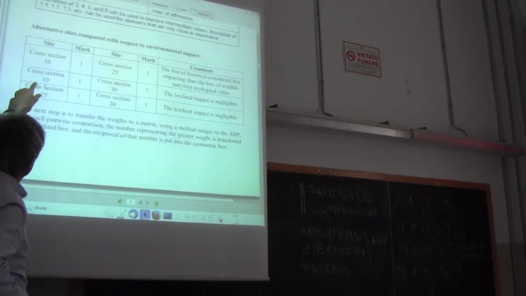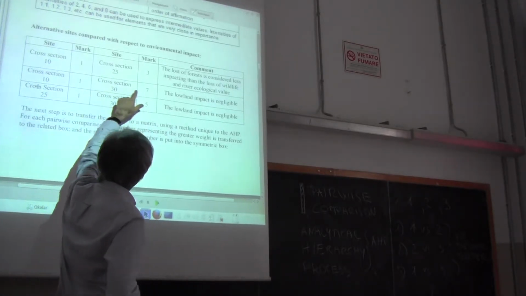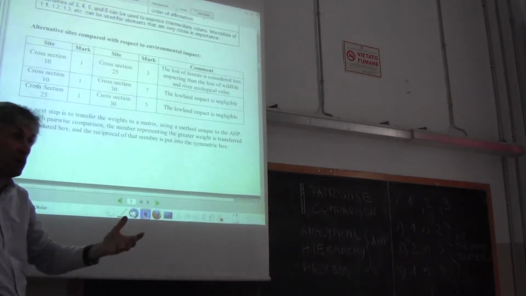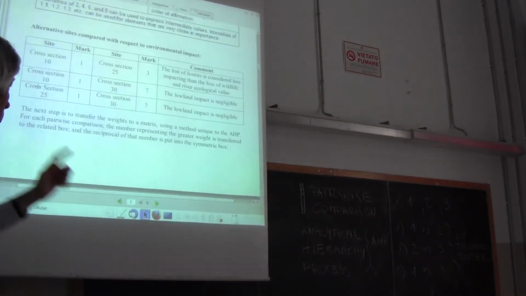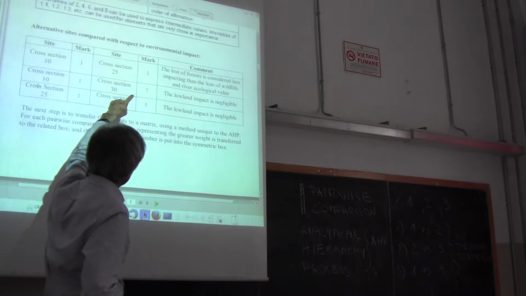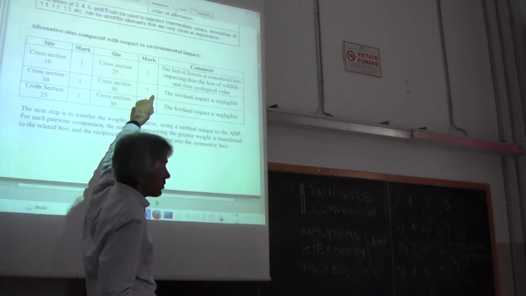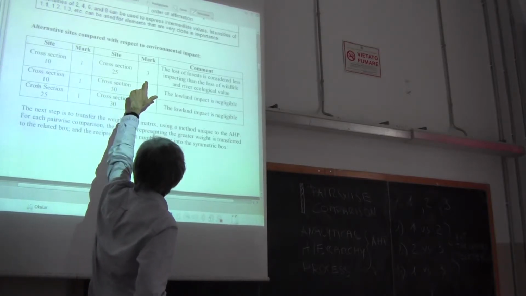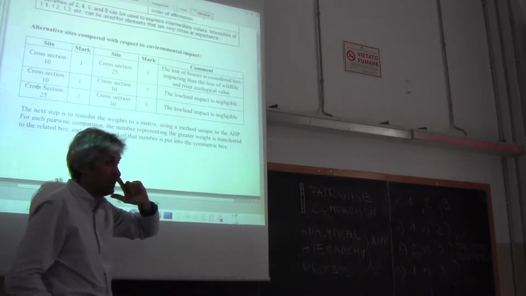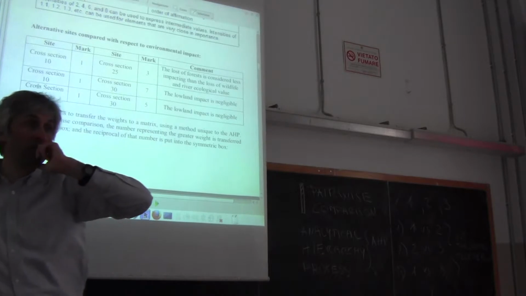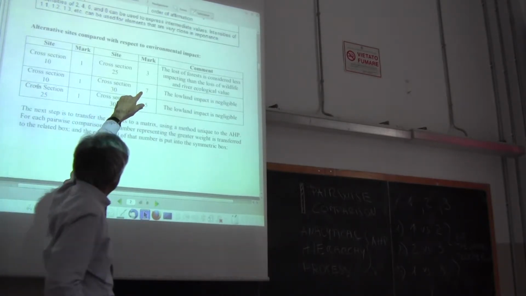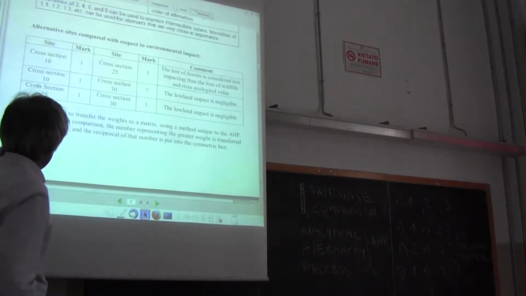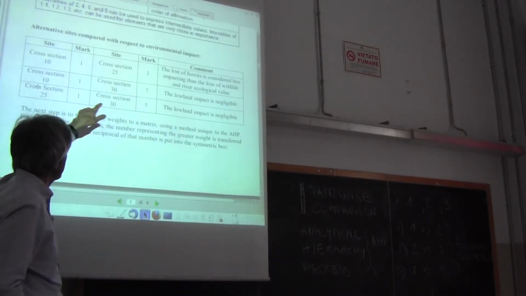And then if I compare 10 with 30, I give a higher score to 30, because 30 is the solution with the lower impact. So in order to be consistent, I have to give a score of 30 with respect to 10 which is higher than the score of 25 with respect to 10. I wouldn't be consistent in my evaluation if this score was not higher than this one. And now we still have to compare 25 with 30.